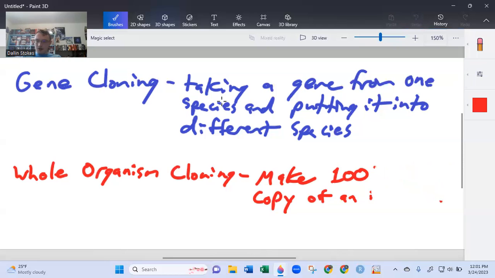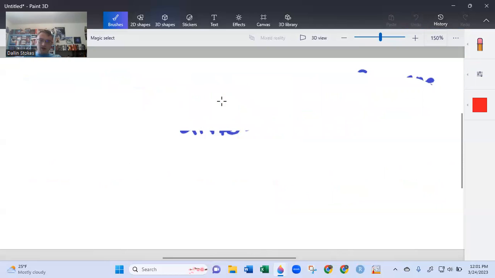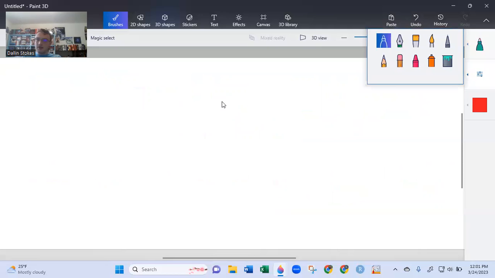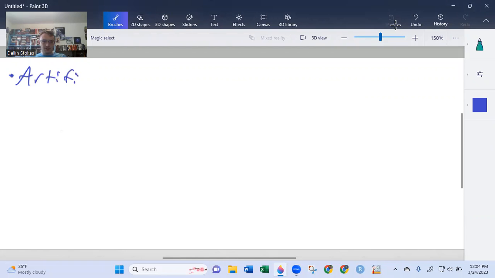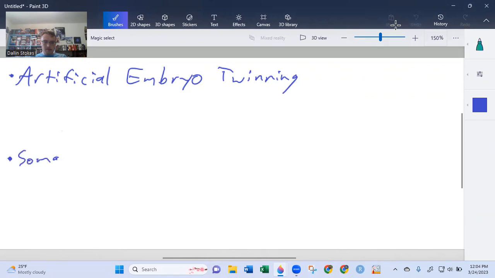Under the category of whole organism cloning, there are two main types that we use: artificial embryo twinning, and the second type is called somatic cell nuclear transfer, kind of a mouthful there.